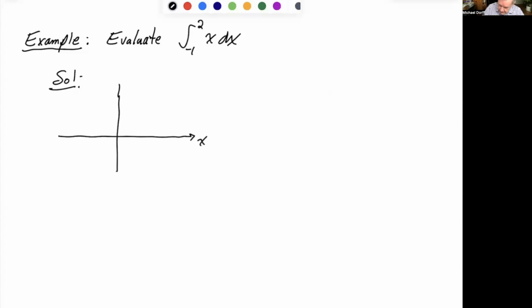Here's x, here's y-axis. Put in some points, x equals 1, x equals 2, x equals 3, y equals 1, y equals 2. I should put in some x equals -1, y equals -1. Okay, what is my function here? My function is x.